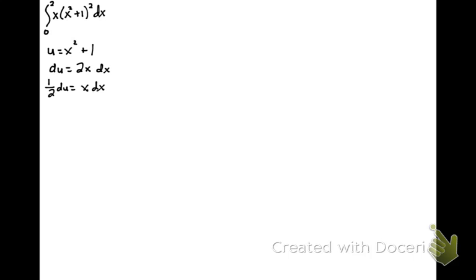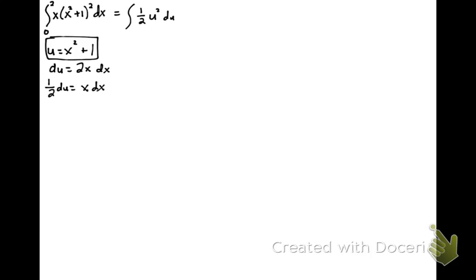So my initial integral will become, since u is x squared plus 1, u squared, and x dx is equal to 1/2 du, so I'll have 1/2 du. The only issue that remains is changing my limits of integration so that they're in terms of u. And I'll use my relationship, what u equals in terms of x, to do that.